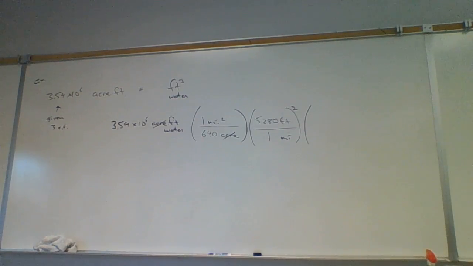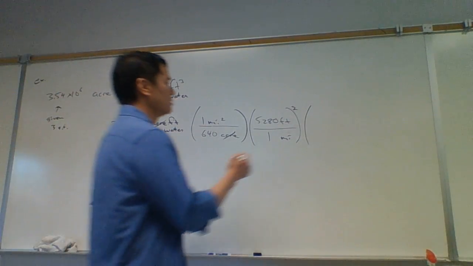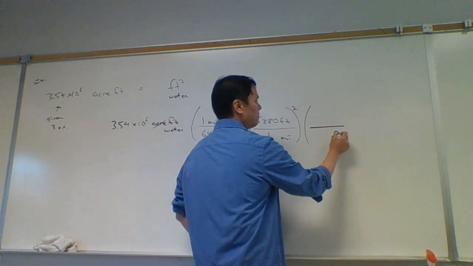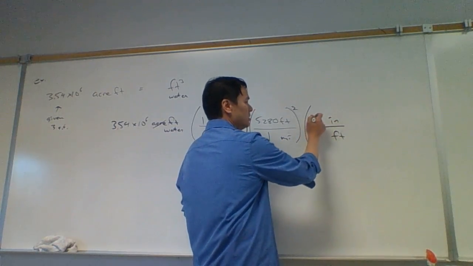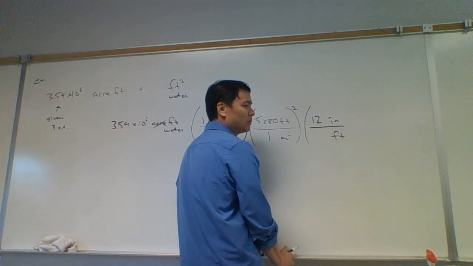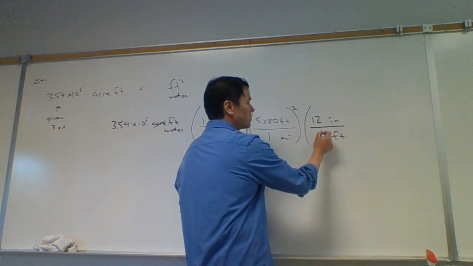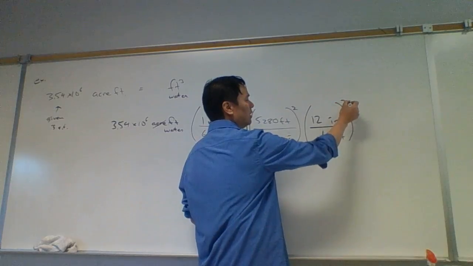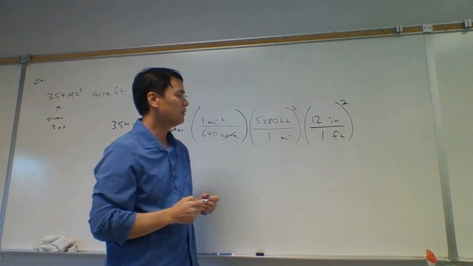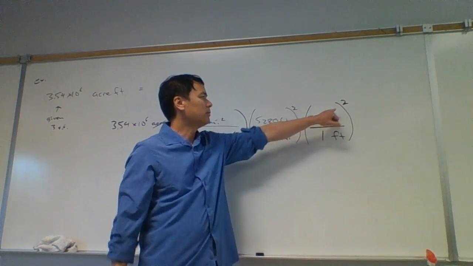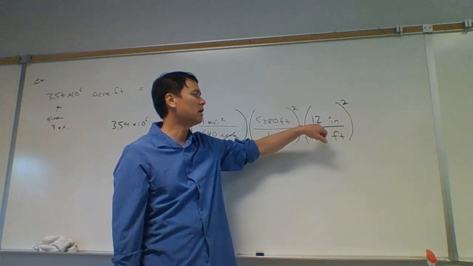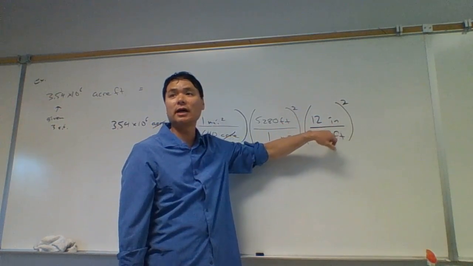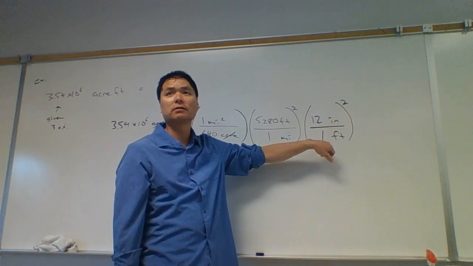What I would do is go from feet to inches. I have that one memorized. Is that exact or approximate? It's exact. So this one, I'm just going to square it. There are 12 inches in a foot, and what's 12 squared? 144. So there are going to be 144 square inches in a square foot.